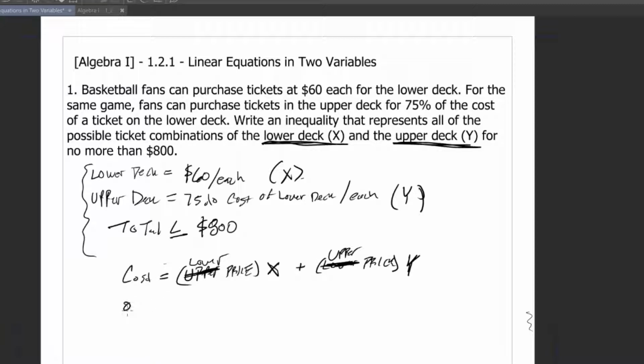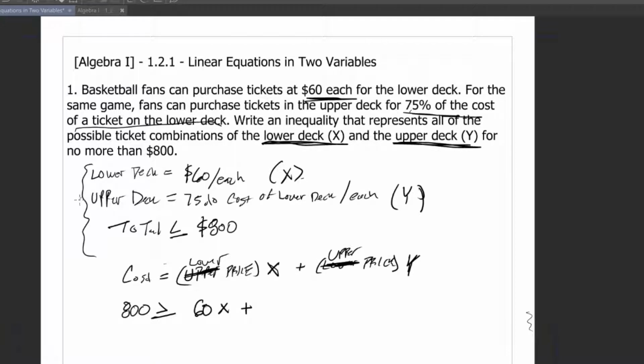So let's write it here. 800, that's the total cost, has to be greater than or equal to the lower price. And what is the lower price, right? The question states that it's $60 each for the lower deck. So that's going to be 60 times the amount of lower deck tickets sold, which is X, plus, and then the upper deck price is 75% of the cost of a ticket on the lower deck.